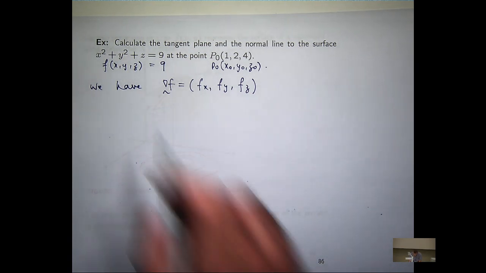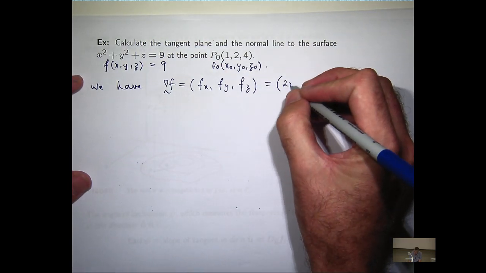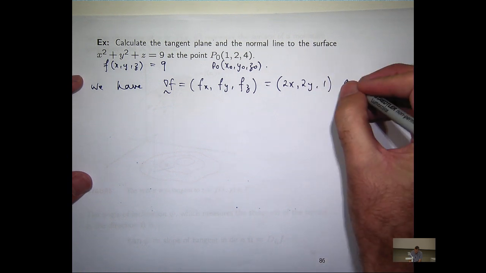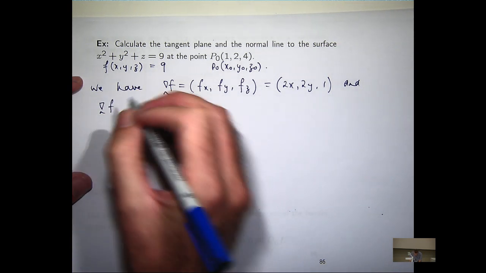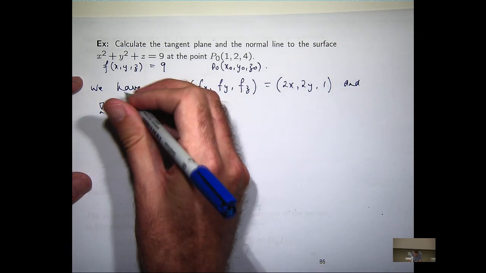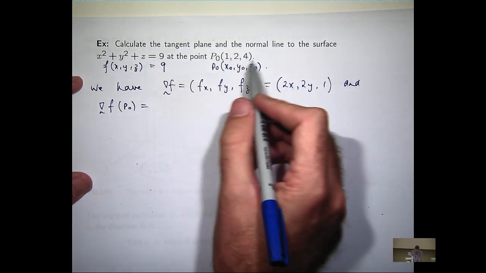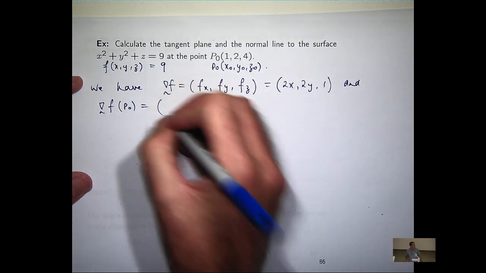Okay, so let's calculate those. What are they going to be? They're going to be 2x, 2y, and 1. And then let's evaluate it at the actual point of interest. So x equals 1, y equals 2, z equals 4 here, so we just substitute in.